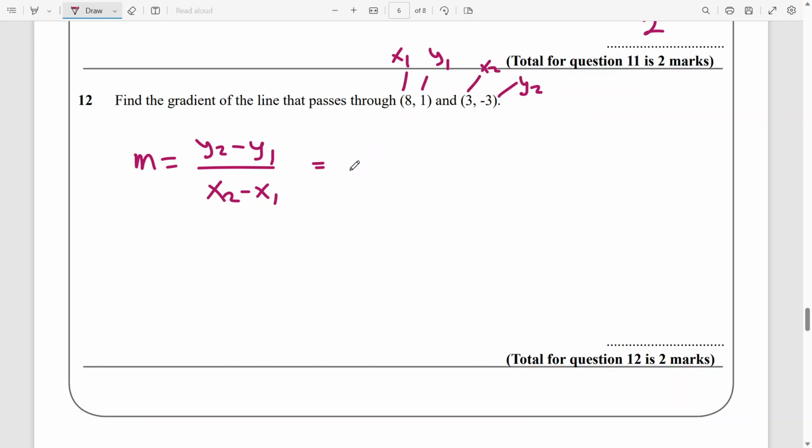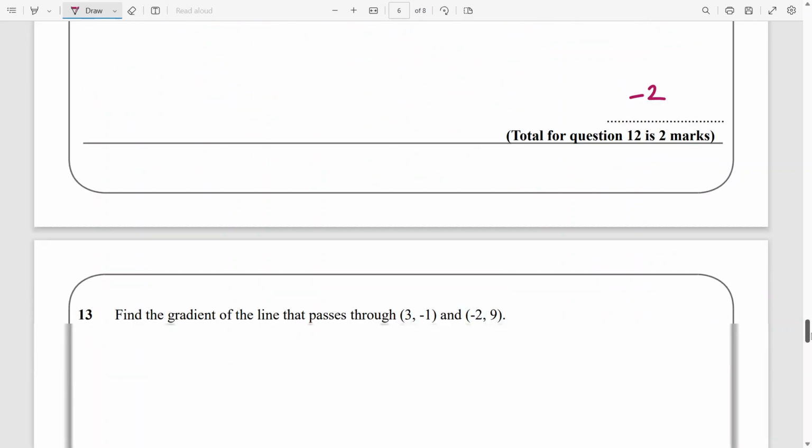So y2 is minus 3, minus y1 which is 1, divided by x2, which is just 3, take away x1, which is just 1. Now, minus 3 minus 1 is minus 4, and 3 minus 1 is just 2. And if you simplify it, if you cancel this out, there's going to be minus 2. So the gradient for these two coordinates is definitely going to be minus 2.